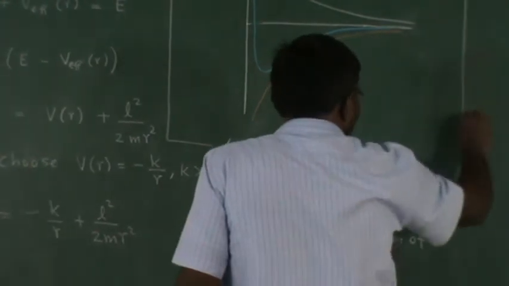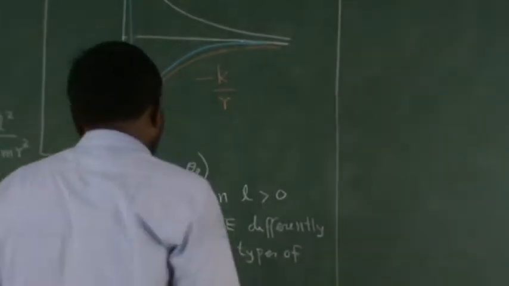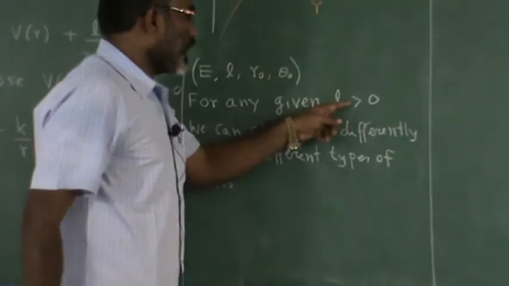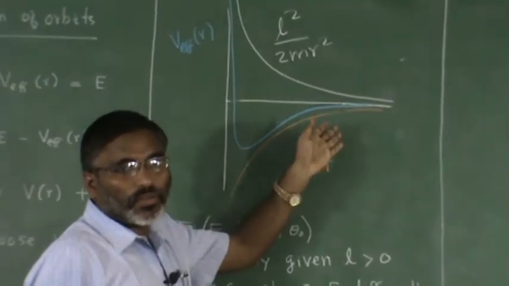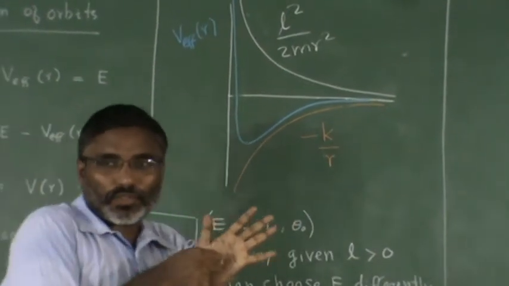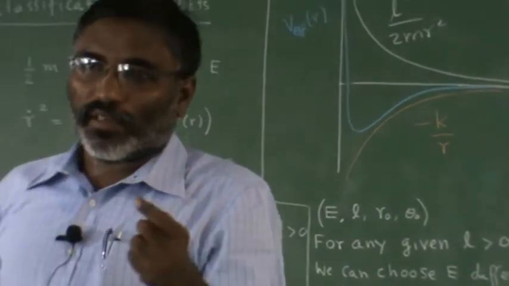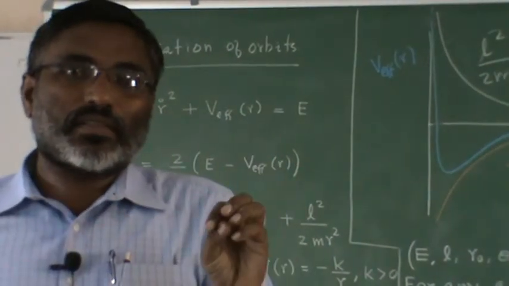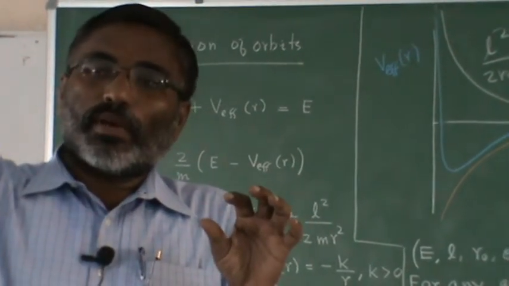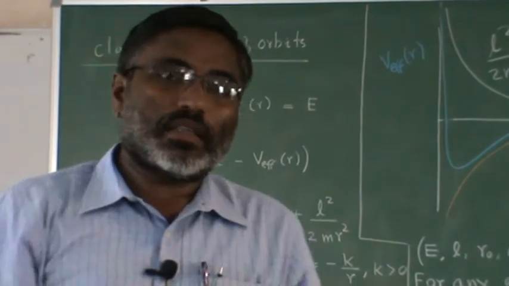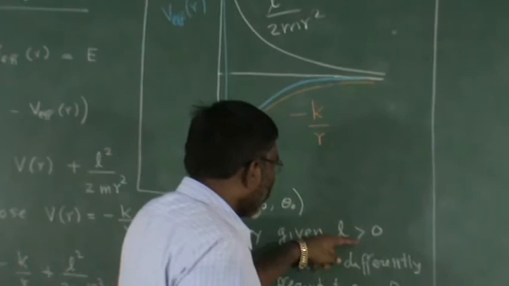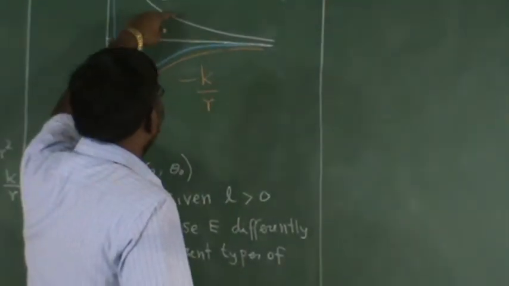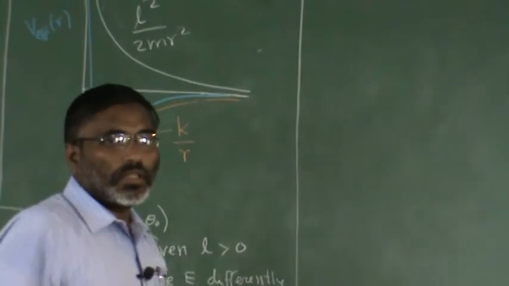Let's look at some characteristic values of E. Suppose if I take L is equal to 0, then this whole thing is upset. There is only an attractive force and everything will fall to the center of the force. So there is not much of interesting dynamics there. Correct? So if I have minus K by r and no angular momentum, then it will slowly come and fall into the center. So if L is greater than 0, then you have this term, and there is a competition between these two, and we have some richness in the dynamics.